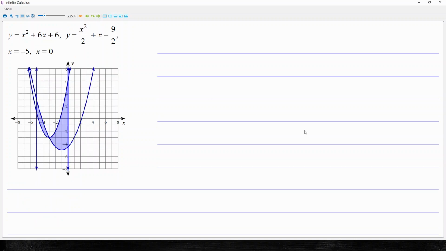Now in this question, we have to find the area trapped between the two graphs. So for this, we need to form the integral. There are two areas here. This is our area number 1, and this will be our area number 2.